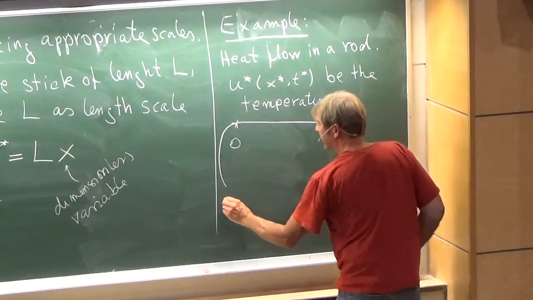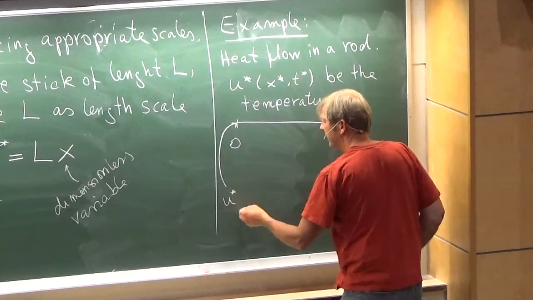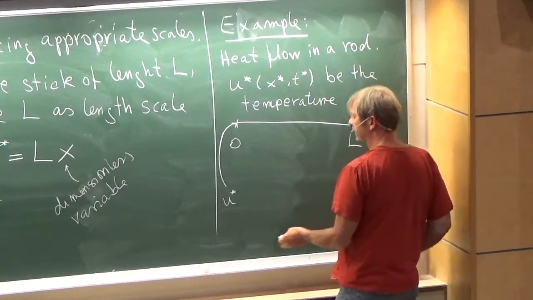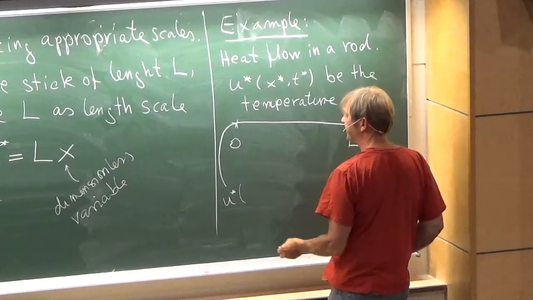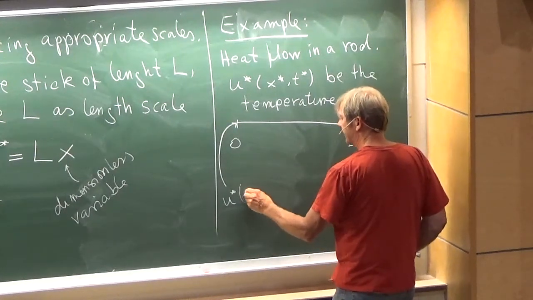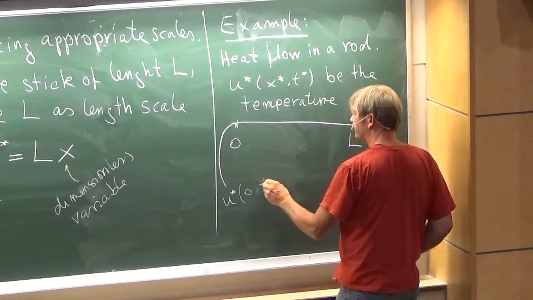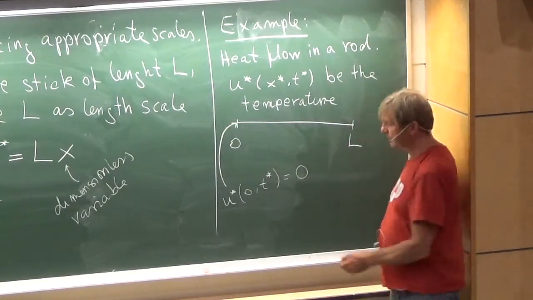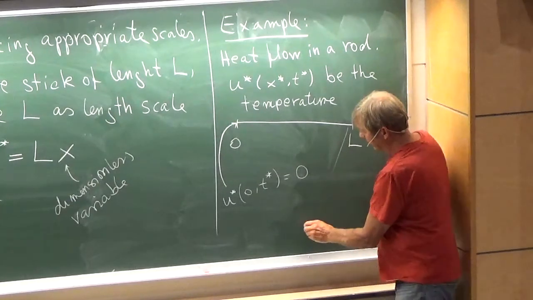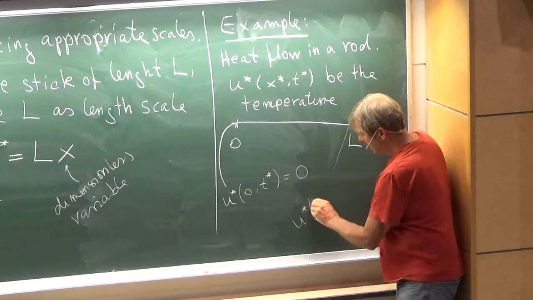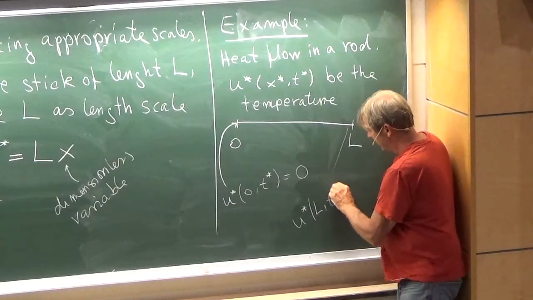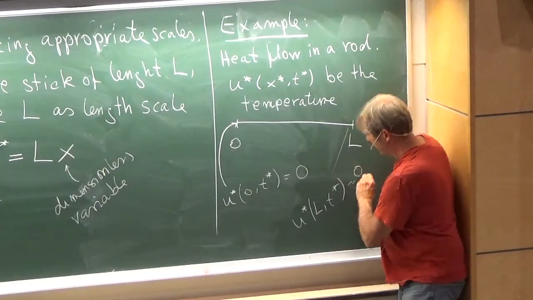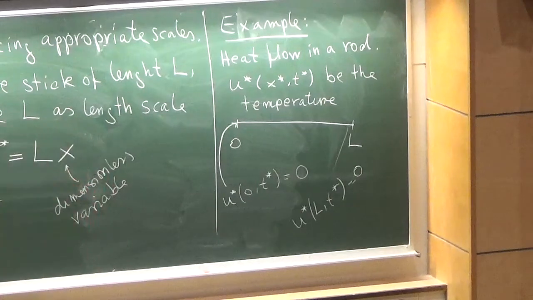Here we assume that we have ice cubes at the end of the rod, so the temperature there is always 0, and also here 0.